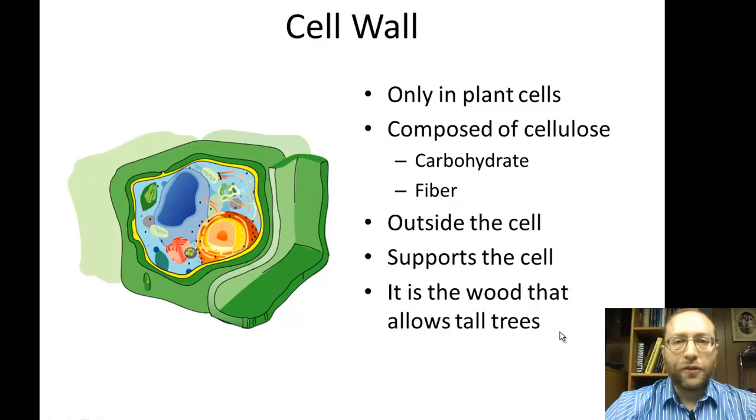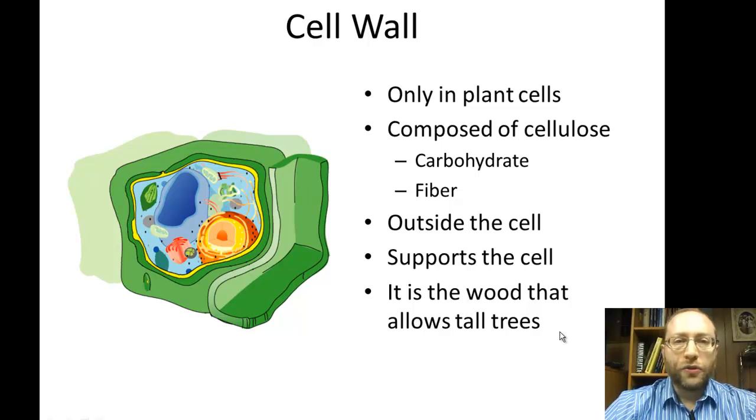There are bacteria that are able to do that, and some animals like termites and cows have a mutualistic relationship with bacteria that live inside of their digestive system, and those bacteria break down the cellulose, and they give some of that food to the termite or the cow.